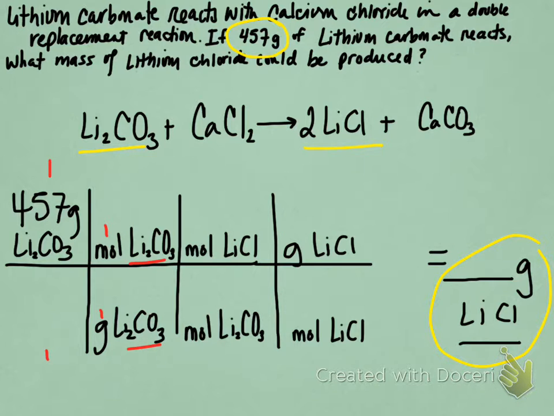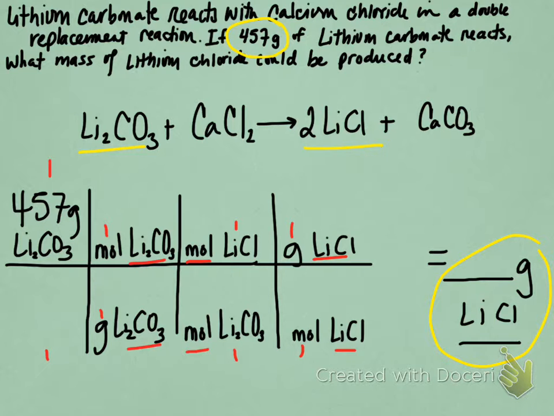That's fine. Here we're in moles, top and bottom, but we've changed our chemical, so we're in lithium carbonate on the bottom and lithium chloride on the top. Okay, that's legal. Here in this last box, we're in lithium chloride, top and bottom, but we've gone from moles to grams. So as you see, you can only change one thing at a time. Something has to match, either the units or the chemical.